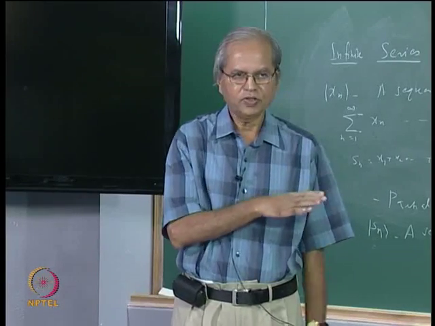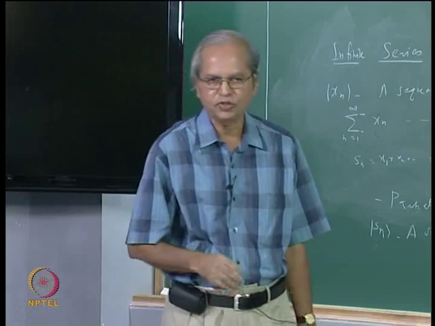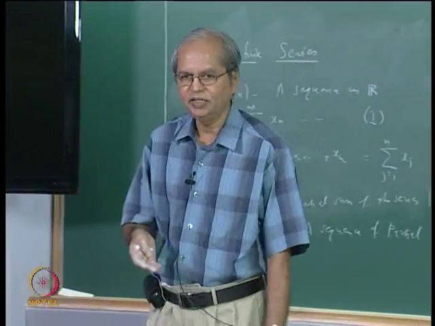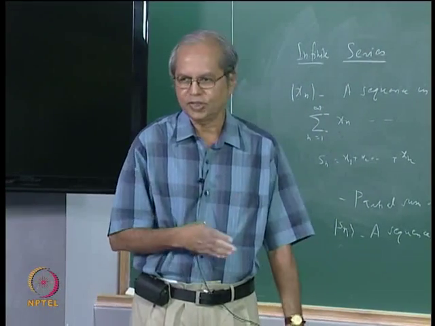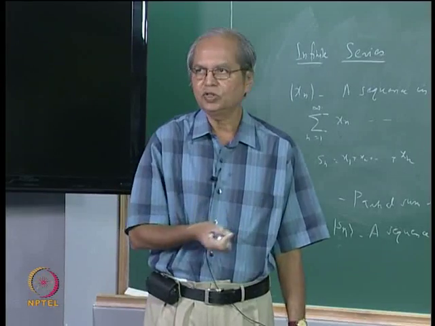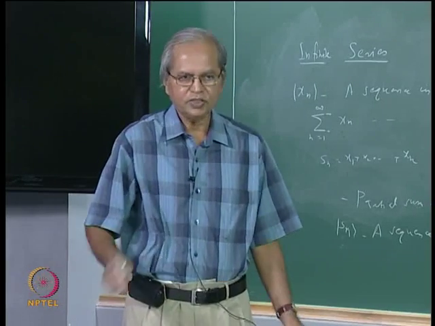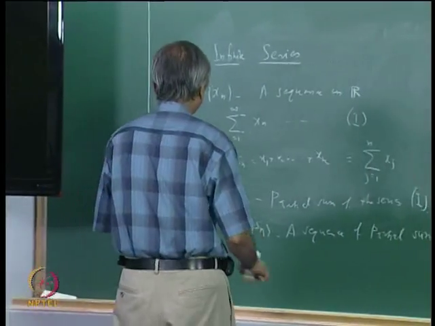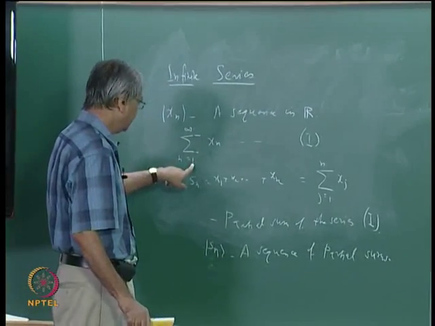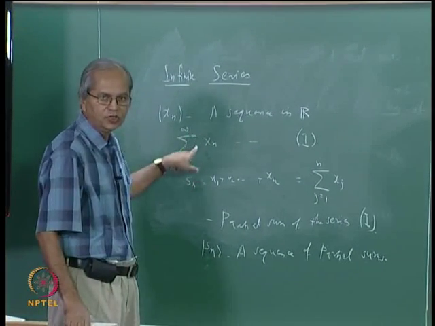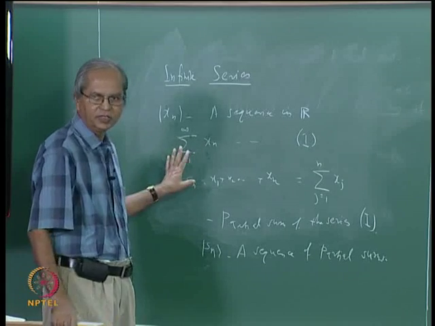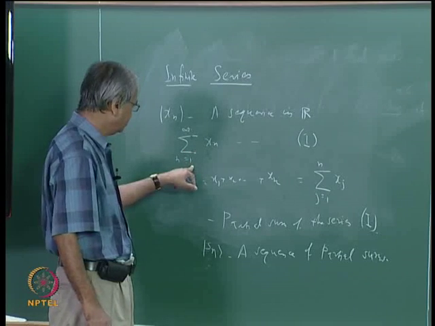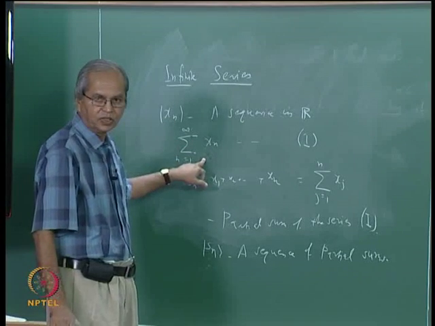The convergence or divergence of the series depends on how xn behaves for large values of n, that means again in our terminology for n bigger than or equal to n0. You should be able to say something about xn for n bigger than or equal to n0; that is going to determine the convergence or divergence of a series, and that is why it does not matter whether I start from n equal to 0 to infinity or 1 to infinity or 2 to infinity or minus 3 to infinity. The starting point does not matter in the sense that it does not matter to decide whether a series converges or diverges.